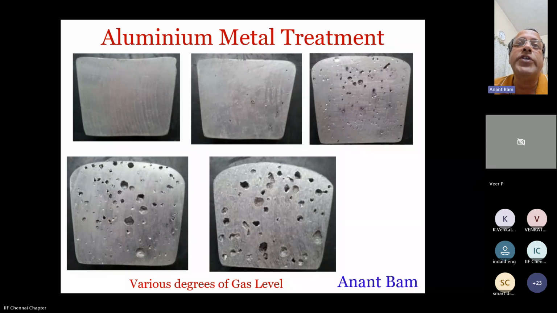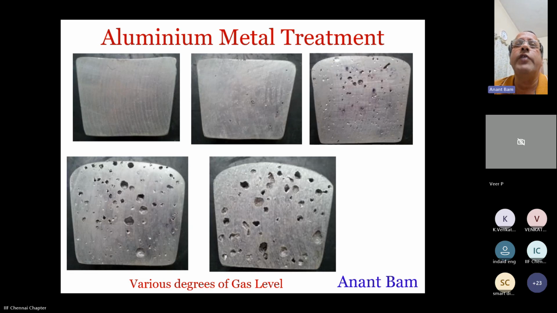So if you take a section of that vacuum sample, then what you see is in front of you. The top left is a good casting, a good sample. Density index will be around 1.5 to 2.5. The second sample is slightly dirty, slightly gassy.